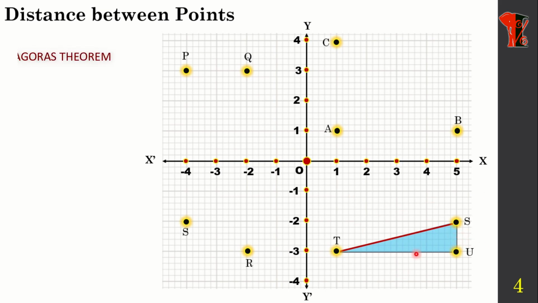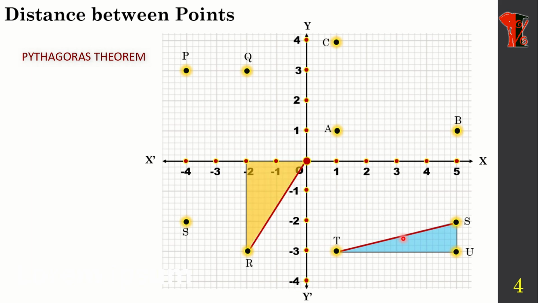Since it is a right angle triangle, we are going to apply the Pythagoras theorem. Say for example T to U, how much do you get? 5 minus 1, 4 centimeters. S to U is 1 unit. So 4 units and 1 unit, you can apply the Pythagoras theorem and you get the value of TS. Same way, every slanted line can be converted to a right angle triangle.